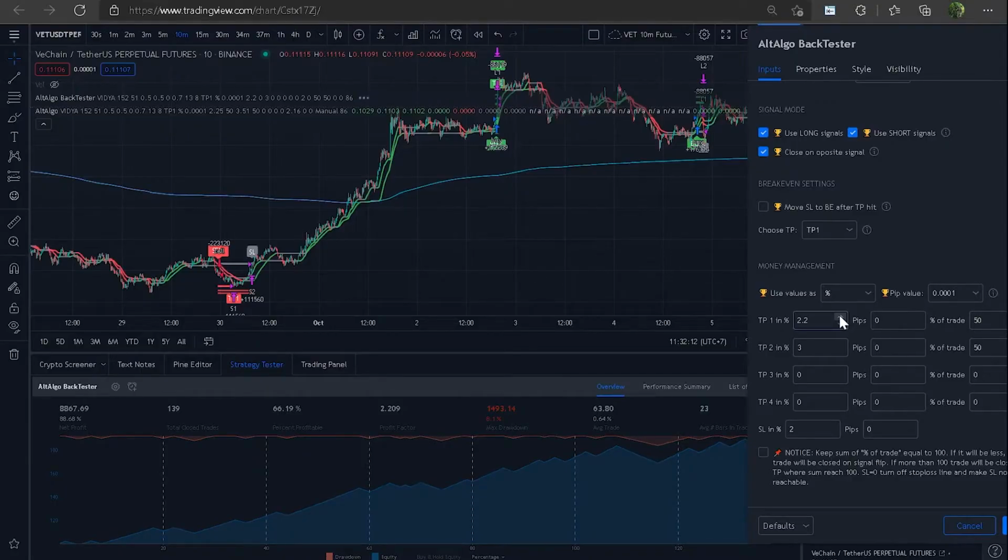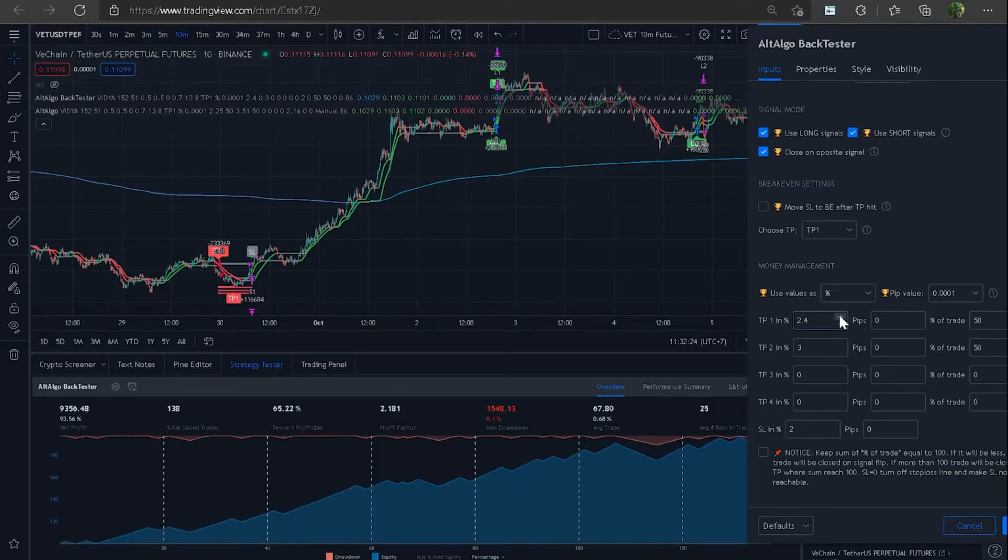Net profit keeps going up. Still going up. Then it's going down again. Going up again. Going up.